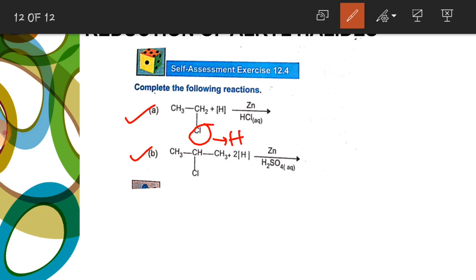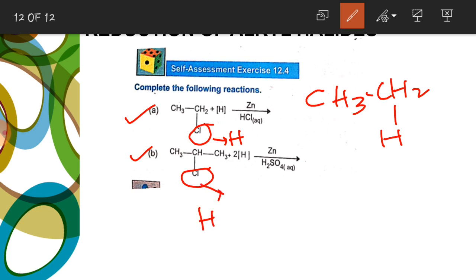So when we substitute this halide group with hydrogen, we will get a compound like this. Now take another example. This is an example of 2-chloropropane. Since the chlorine atom is present here, we will replace this chlorine with hydrogen, and at the end we will get propane.